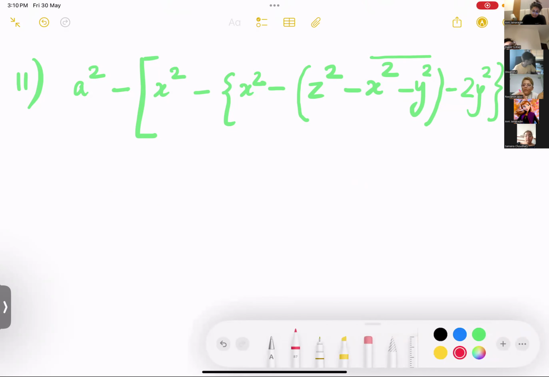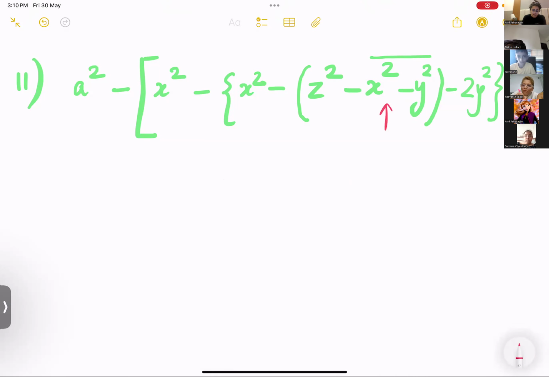Now, the first doubt that will come is, ma'am, how should we solve this? See, there is a minus here. Imagine a small bracket inside this. When you open this bracket, minus is going to come with x square and minus is going to come with y square.